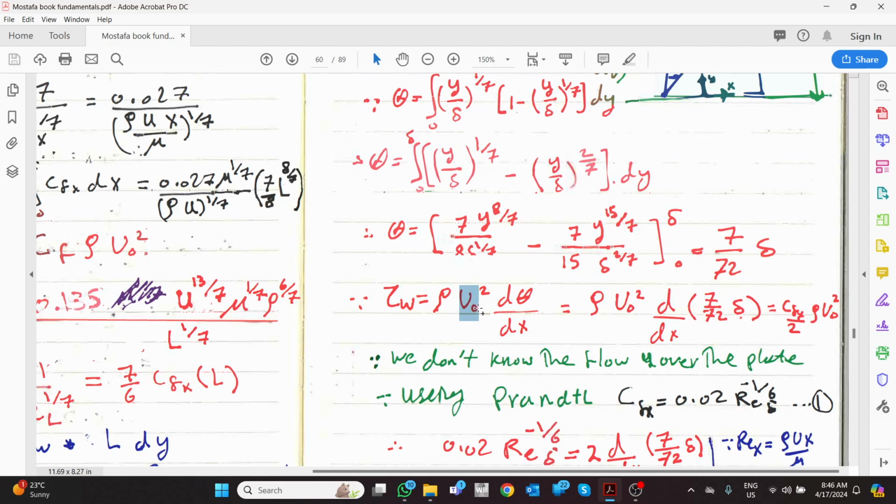Even if we know theta is equal to what? Still u naught, and write d divided by theta. It is the same concept.